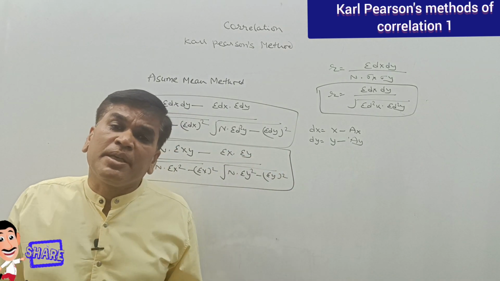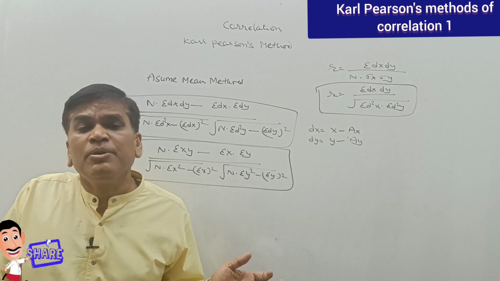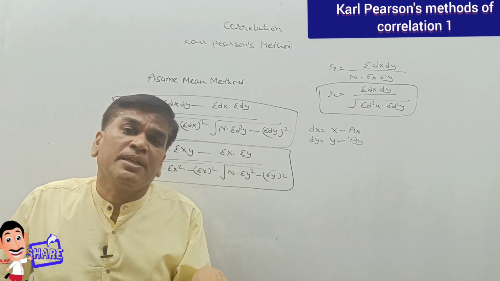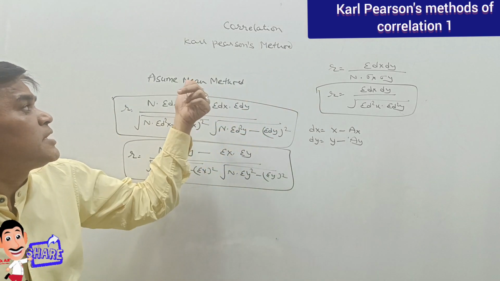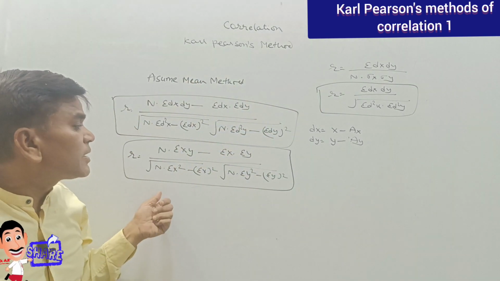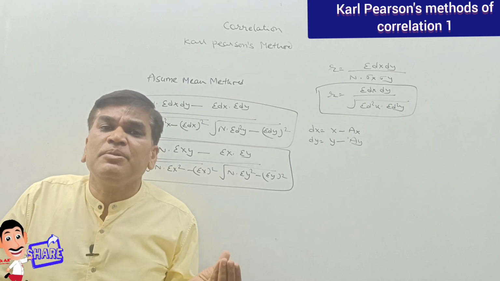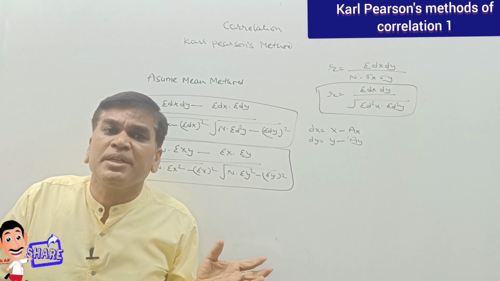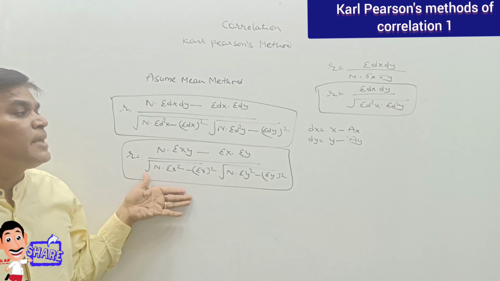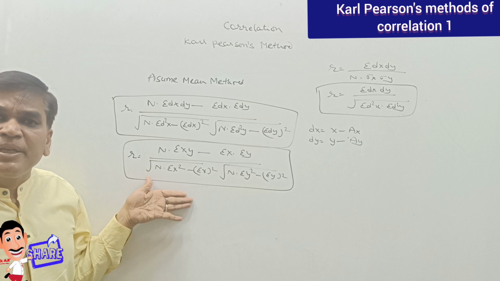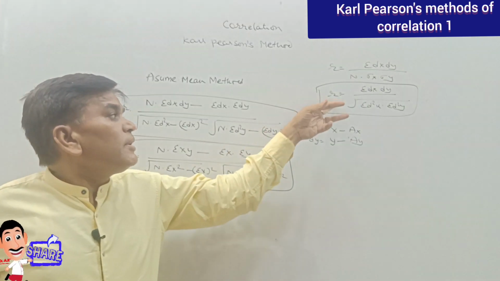You can get the value of correlation with any formula you like. This is the direct method, this is the assumed mean method, and in this method you do not need deviations; you just have to put in the x value, x square, y value, y square, and xy. Directly you can calculate the value of r with the help of this method. The value of r will be the same.